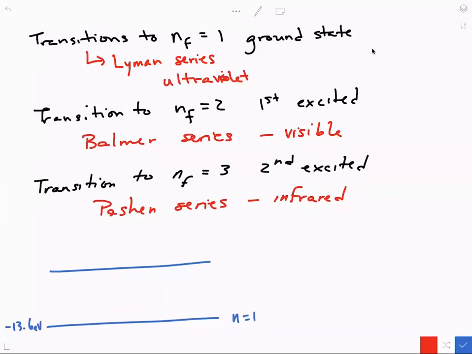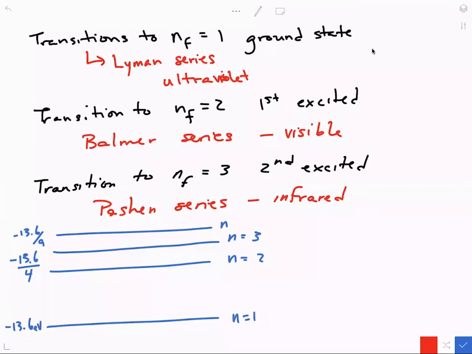And then at n equals 2, I'm just going to write that it would be negative 13.6 eV over 2 squared, or over 4. And then at n equals 3, it would be negative 13.6 over 9, right? And on over 16 for n equals 4, over 25 for n equals 5. And so these get closer and closer together.